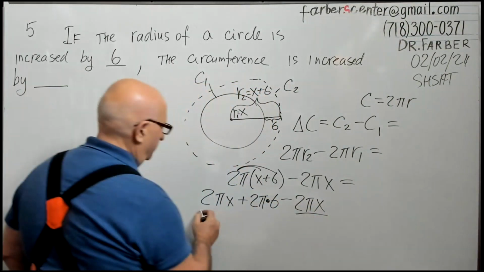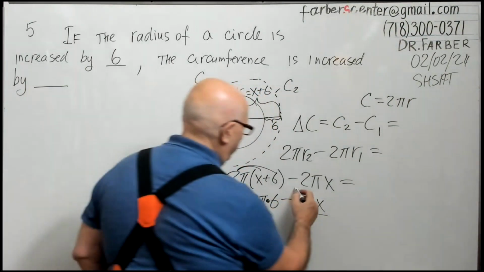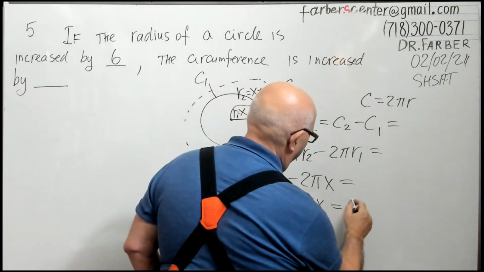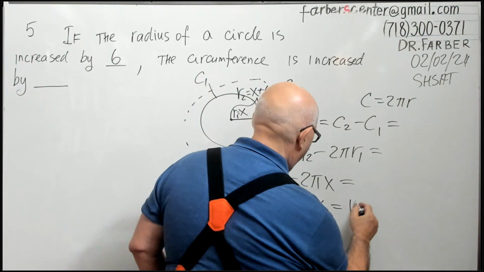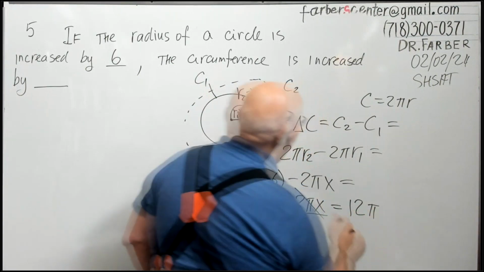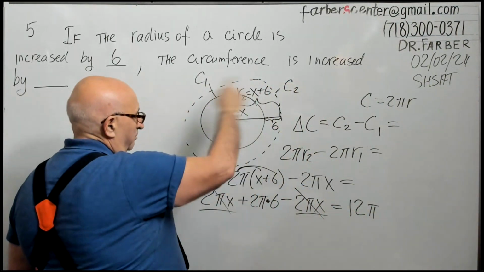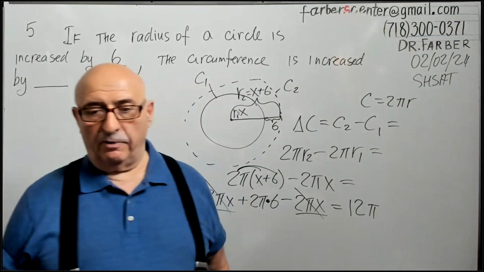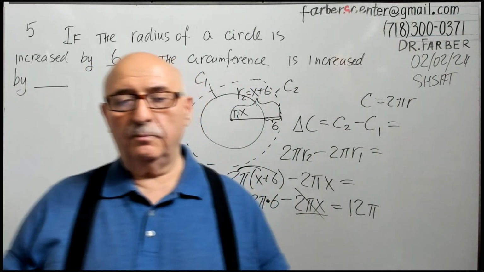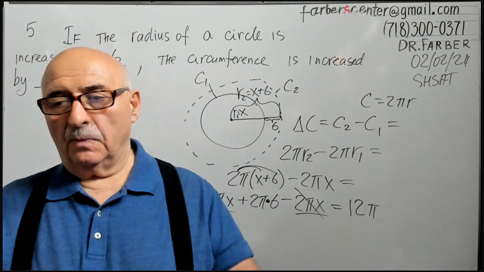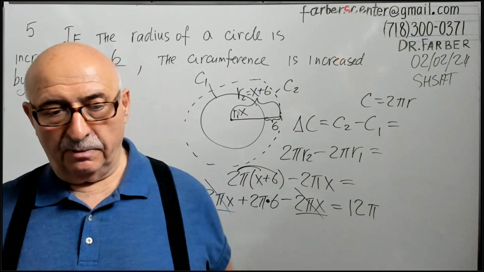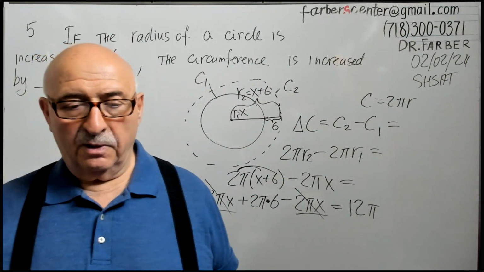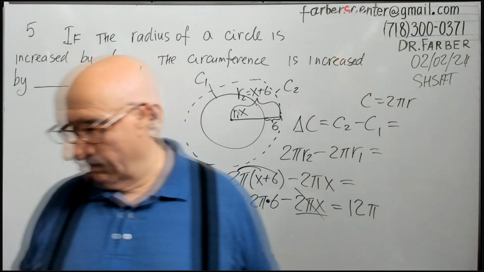Combine like terms, cancel, cancel. 6 times 2 pi would be 12 pi. So the new circumference, in terms of pi, would be longer by 12 pi. Who understands this 100%? Actually, one line problem. I use all the formulas. See? Okay, good, good, good.